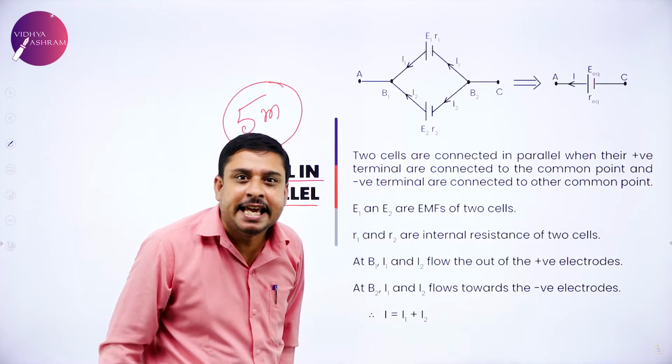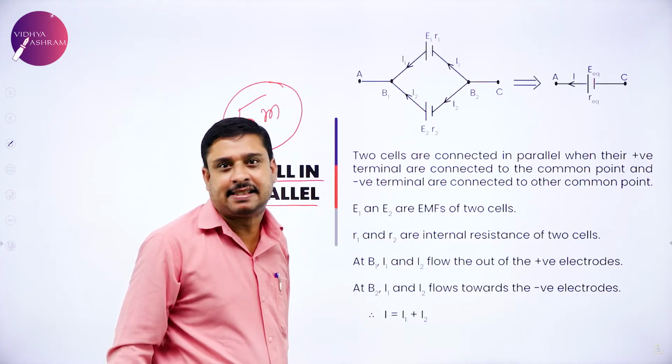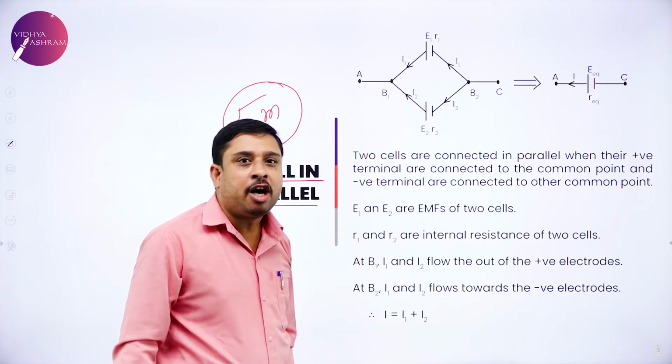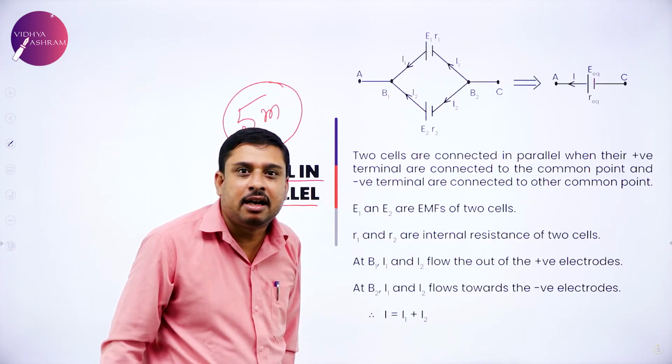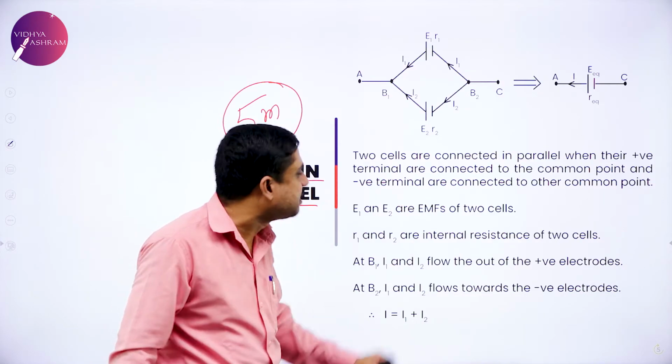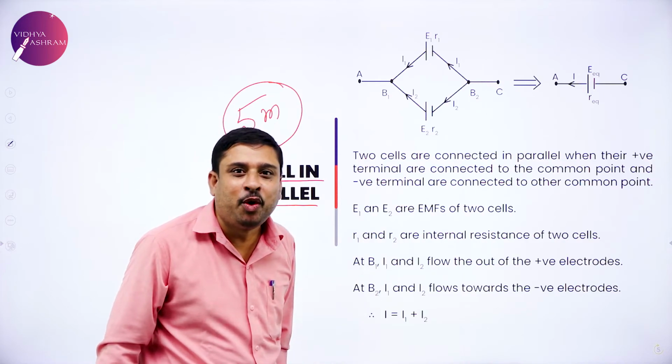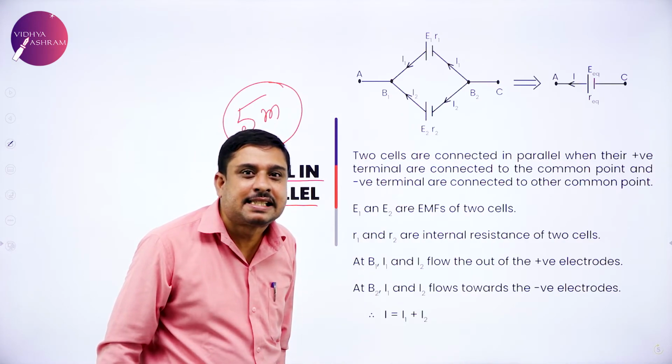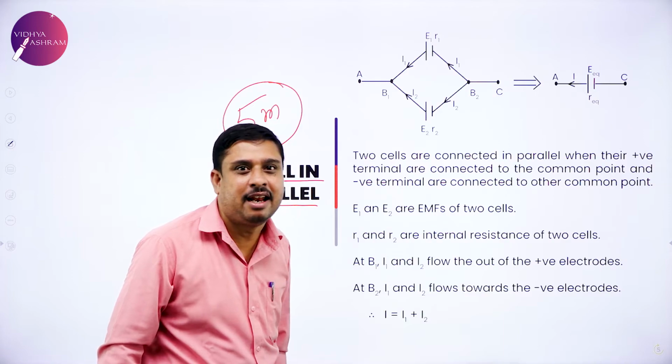E2 is the EMF of the second cell. R1 is the internal resistance of the first cell. R2 is the internal resistance of the second cell.